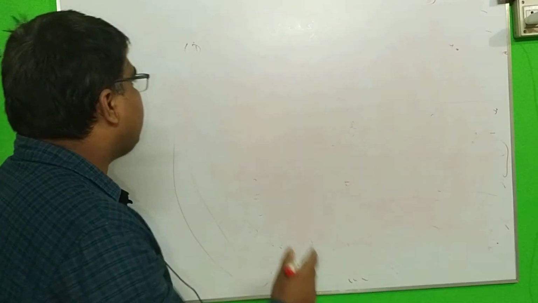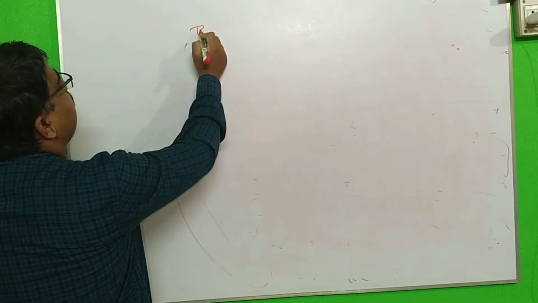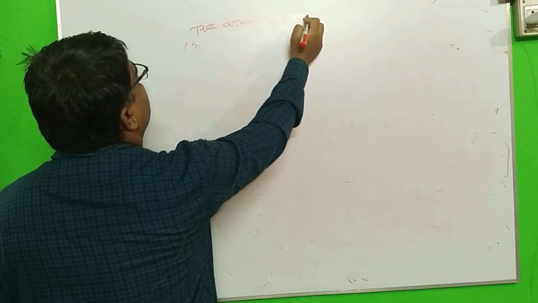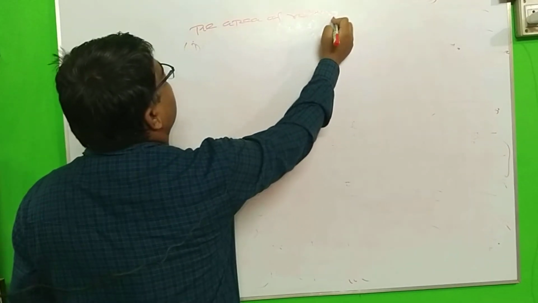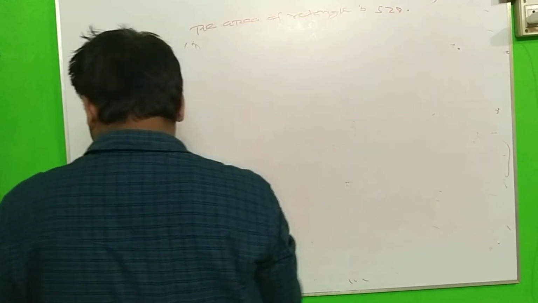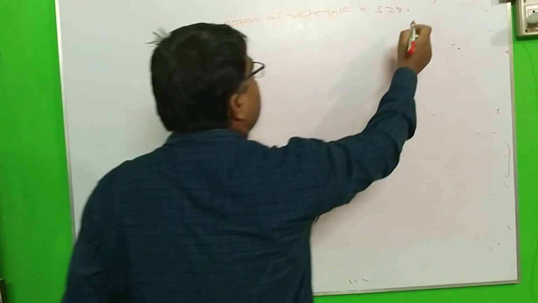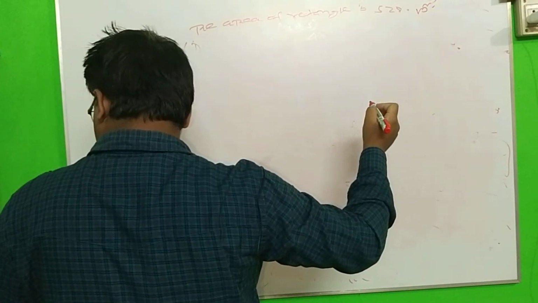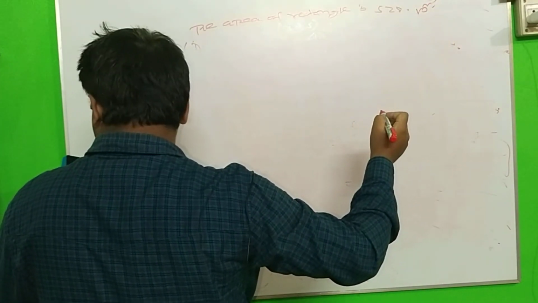The area of a rectangular plot is 528 square meter.